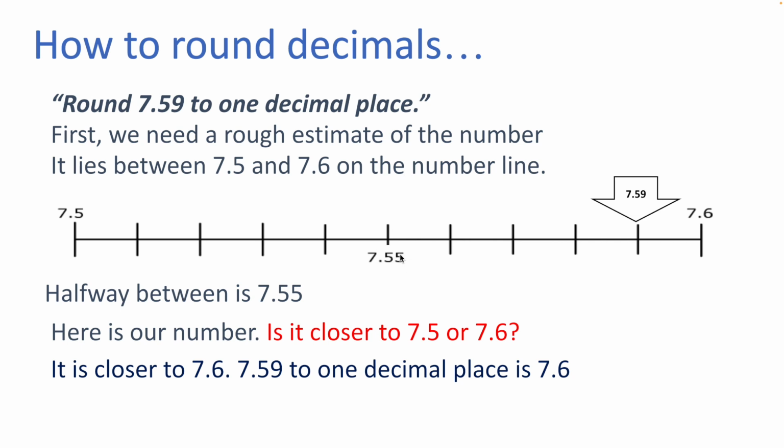And so this 5 kind of helps us picture where it's going to be. If it's less than 5, a 1, 2, 3, or 4, then we know it's going to be closer to the 7.5 here. But if this number is 6, 7, 8, or 9, then we know it's going to be closer to the 7.6.